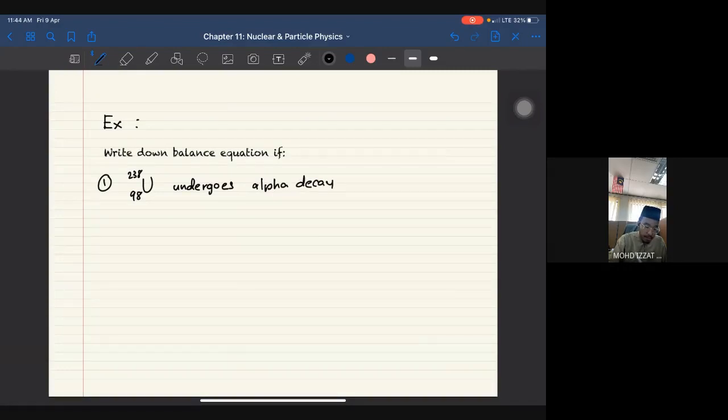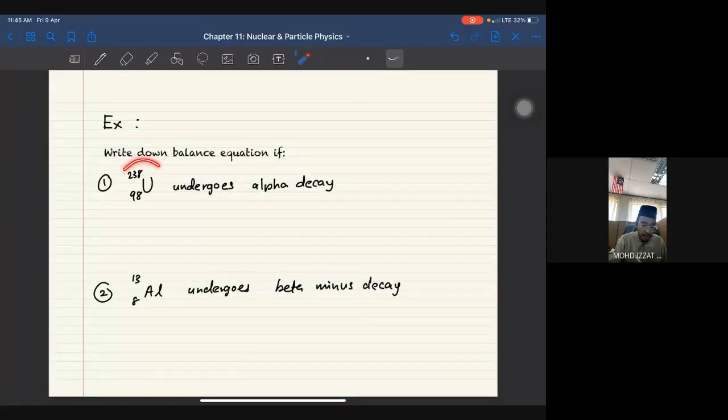Okay, number 2, what if you have aluminium undergoes beta minus decay. So this one memang saya meletak je nombor dia. Kalau kamu check maybe nombor dia lain lah sepatutnya, tapi for the sake of learning, saya just pakai je nombor ni. Okay, cuba kamu buat sekejap. Saya kasih kamu masa dalam 2 minit.